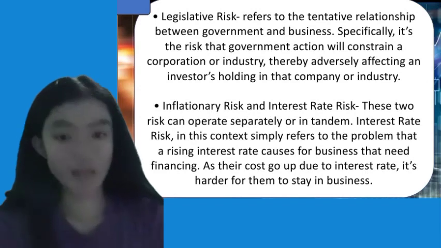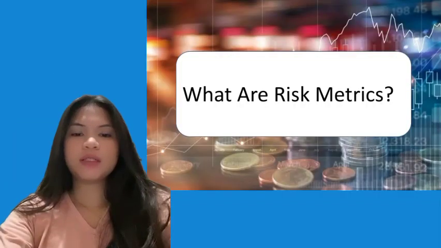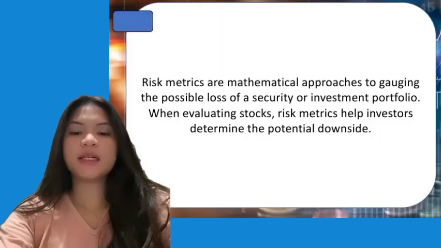So that's it. What are risk metrics? Risk metrics are mathematical approaches to gauging the possible loss of a security or investment portfolio. When evaluating stocks, risk metrics help investors determine the potential downside.